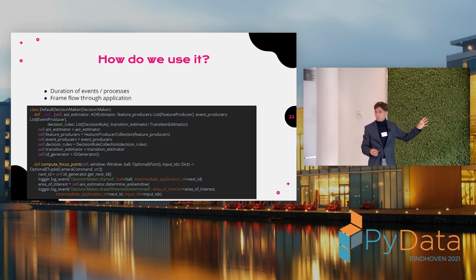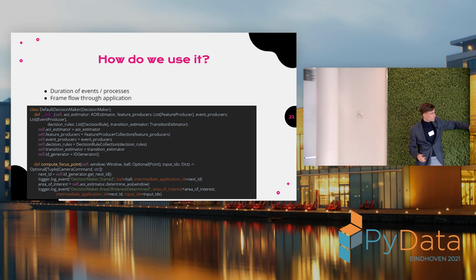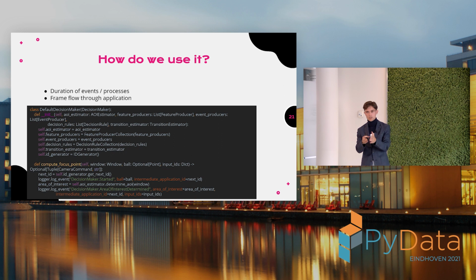We have some feature producers, event producers, decision rules. The last two are not really important. Basically the decision maker calculates where the camera should be aimed at. So we do that here. First we generate an intermediate ID, which we can then use to compute the total running time for the decision maker from start to end.